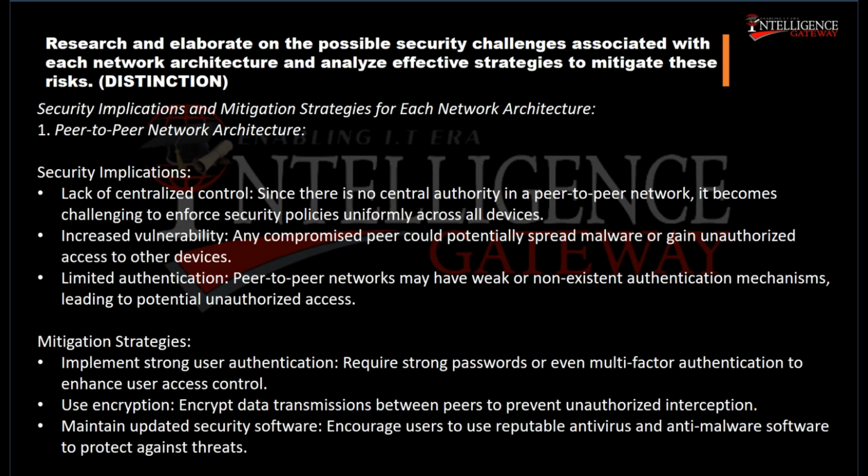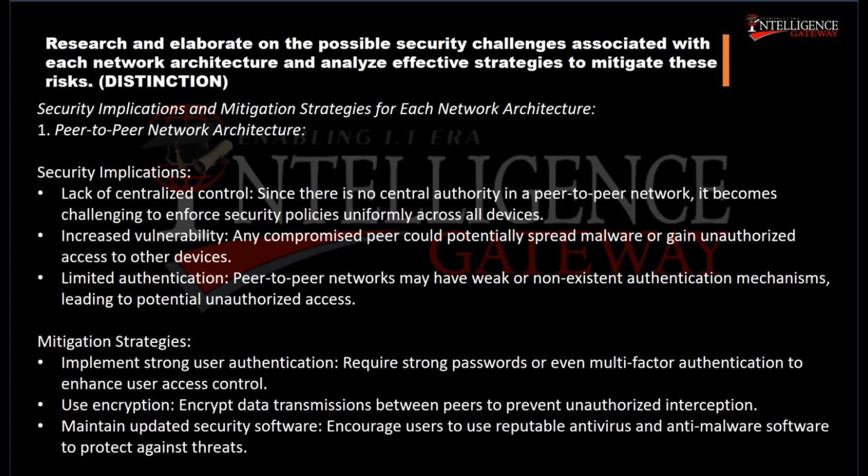Since there is no central authority in a peer-to-peer network, it becomes challenging to enforce security policies uniformly across all devices. Increased vulnerability. Any compromised peer could potentially spread malware or gain unauthorized access to other devices. Limited authentication. Peer-to-peer networks may have weak or non-existent authentication mechanisms, leading to potential unauthorized access.